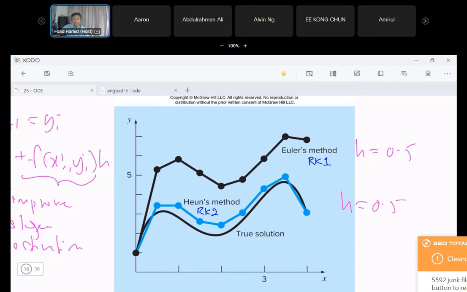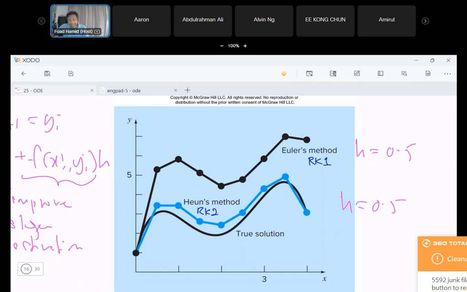For example, for Euler's method, which is RK1, the error is huge. But when you do Schwann's method, which is a form of RK2 method, second order, it is much better than Euler's method. The solution is closer to the true solution.